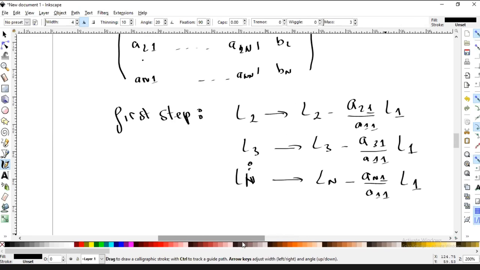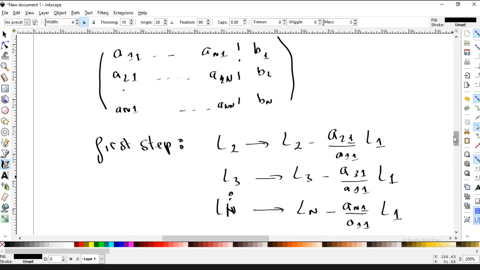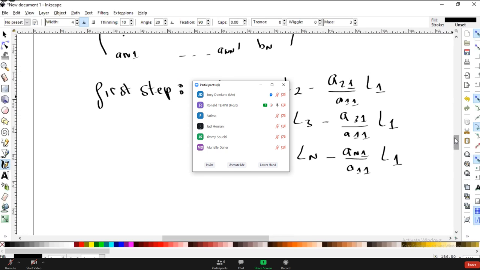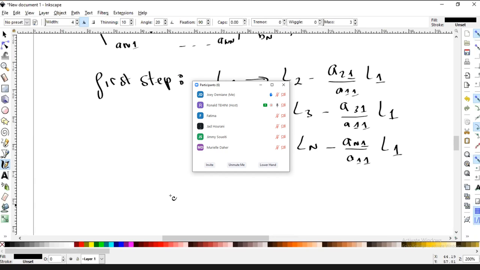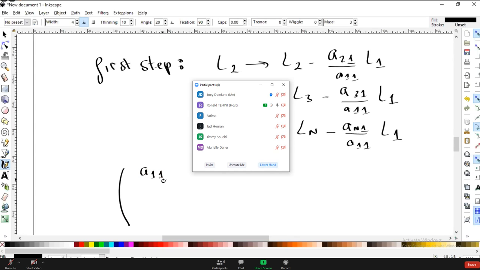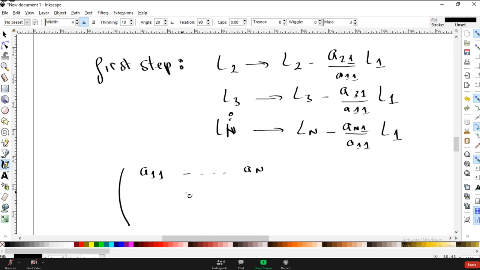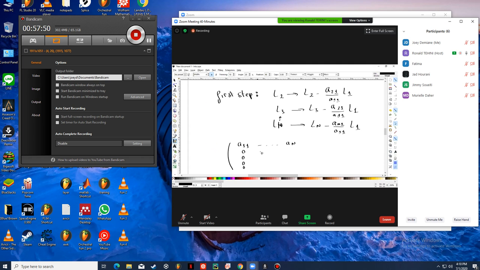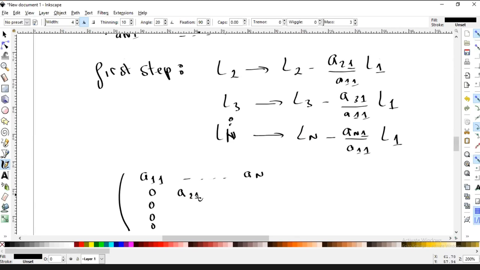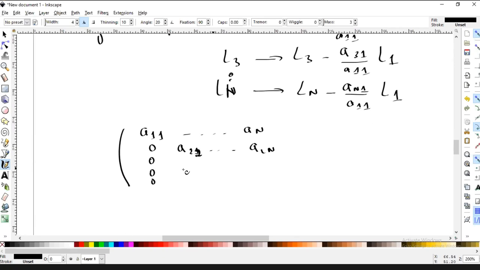After the first step, your matrix looks like this: A11, A1n, with zeros everywhere below, then A22, A2n, down to An2, Ann.